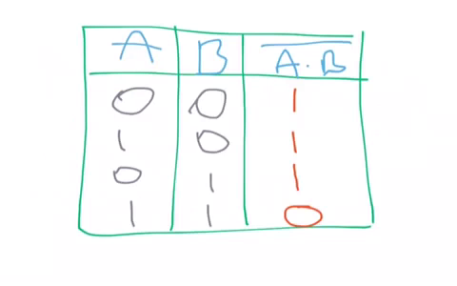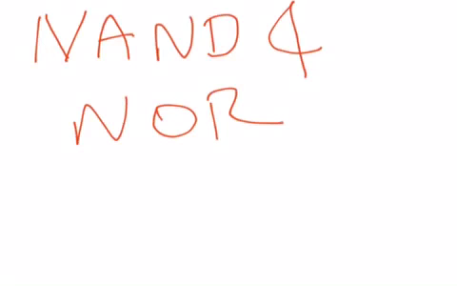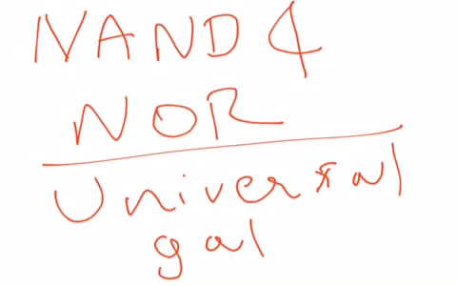Now, one important point to be noted is that the two gates NAND and NOR are called universal gates. What do universal gates mean?